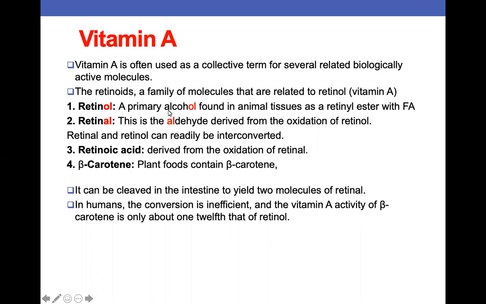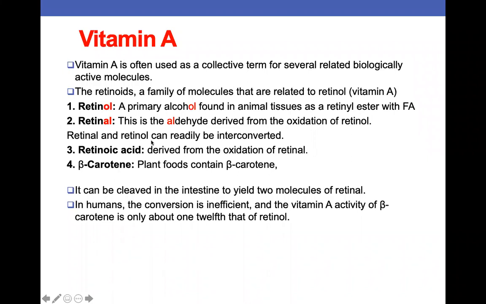So if you see a question asking which form of vitamin A is an aldehyde, you should be able to recognize that retinal, because it ends with "al", is an aldehyde. And then similar for retinol. So that's where their names come from. You should be familiar with all four types: retinol, retinal, retinoic acid, and beta carotene.